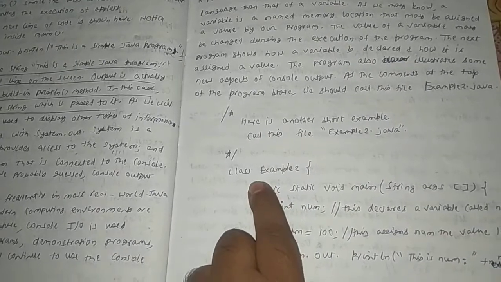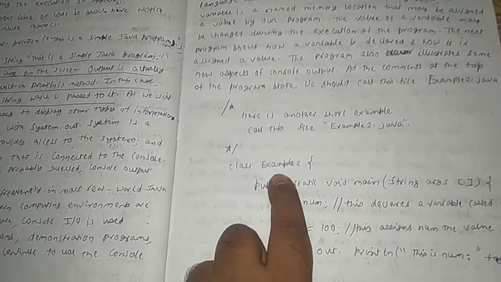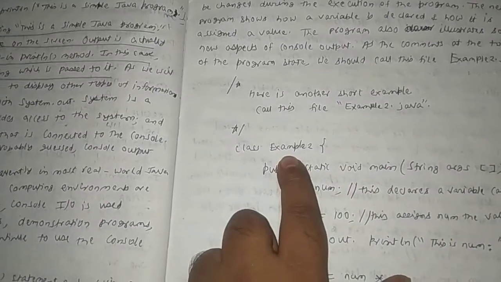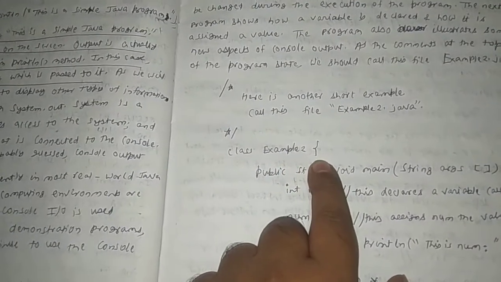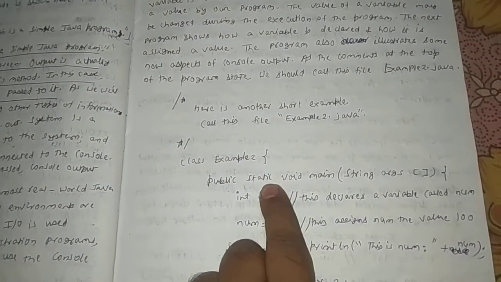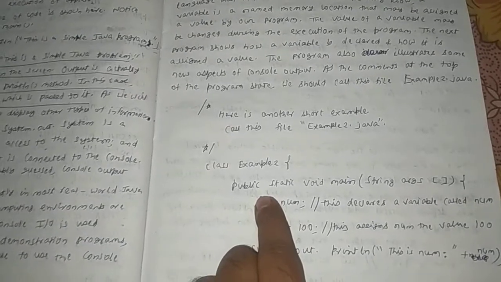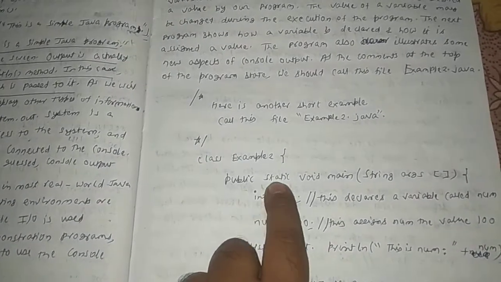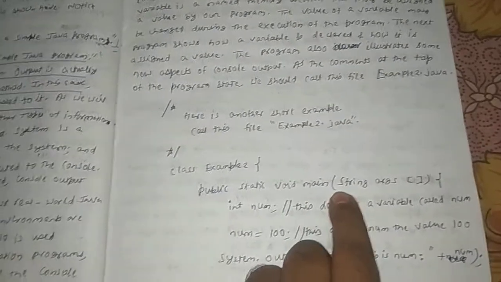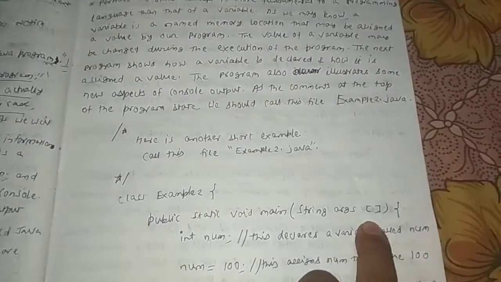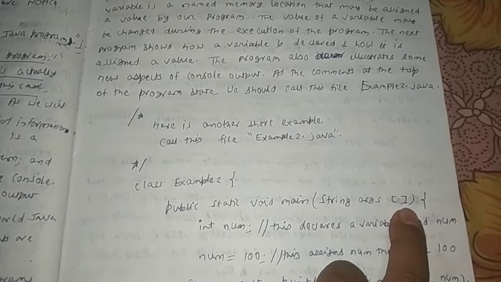Here we have defined a class and given it the name example2. Okay, this is the opening brace. The second statement in Java programming is public static void main, String args followed by square brackets.